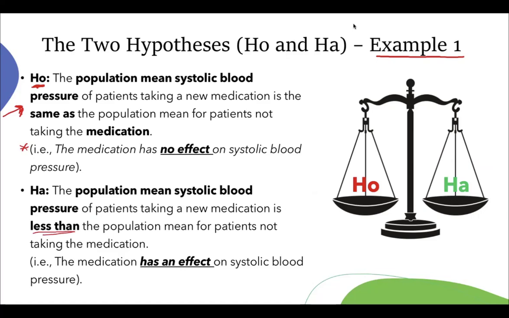The drug, vaccine, process, treatment, product is better than the current population parameter. There is an effect. So, in other words, the medication has an effect on blood pressure. Also, this piece is not officially part of the way we word an alternative hypothesis, but I'm putting it here for explanation.